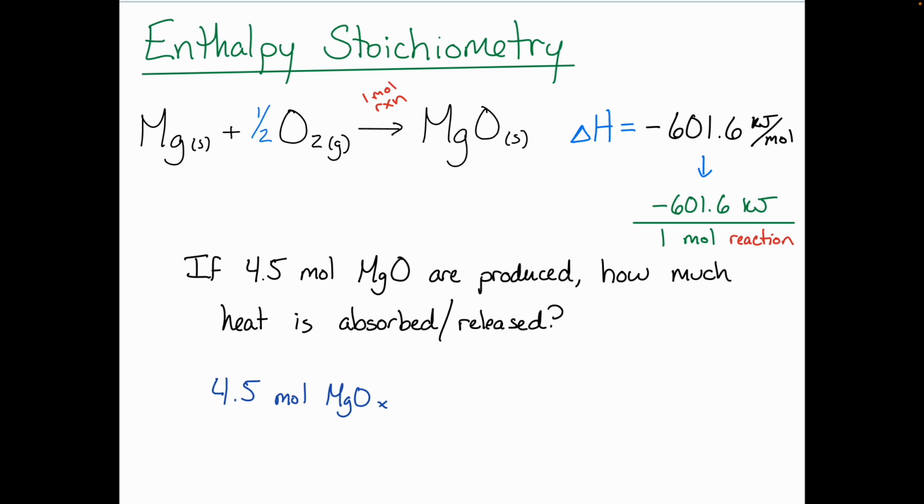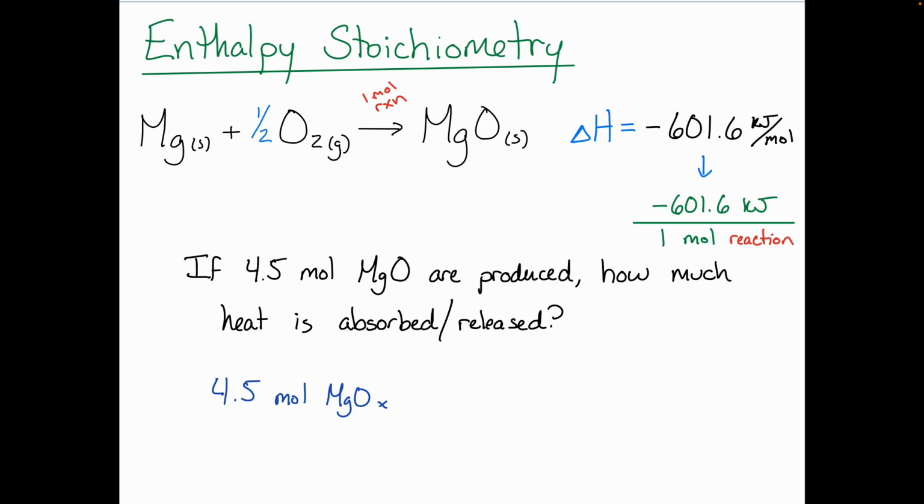According to this balanced chemical equation, 1 mole of reaction is when 1 mole of magnesium combines with half of a mole of oxygen to produce 1 mole of magnesium oxide. So when we do our delta H values, they're in kilojoules per mole, but it's kilojoules per mole of reaction. And when we draw our balanced chemical equation, that's when we say what a mole of reaction is.